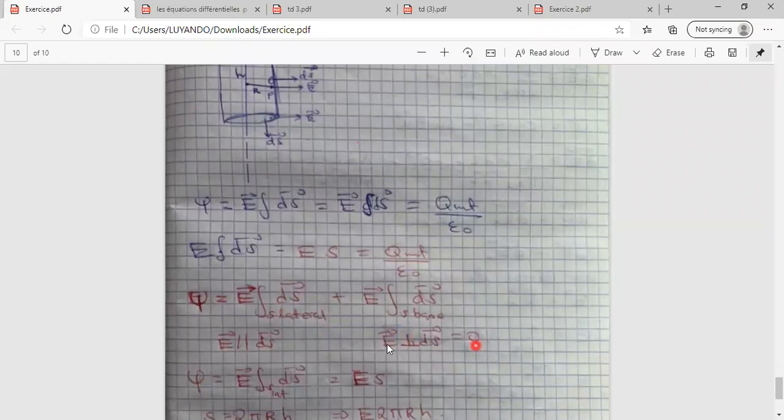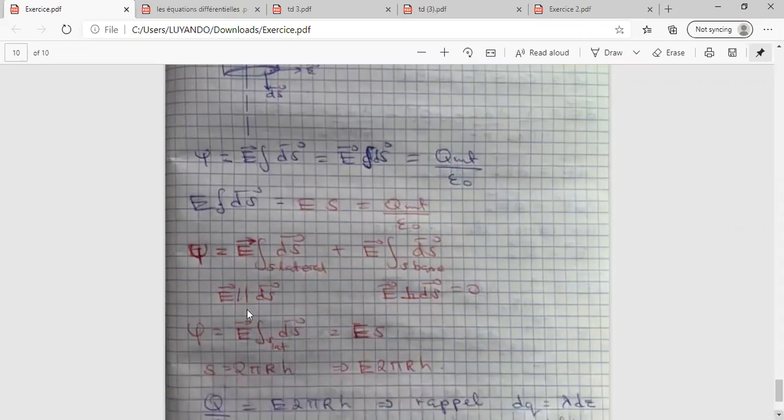So E is perpendicular to dS, which gives me 0. So the integral of E dot dS on the side gives me this, and on the base gives me 0. So I'm just going to have E dS on the sides, which I've indicated here.